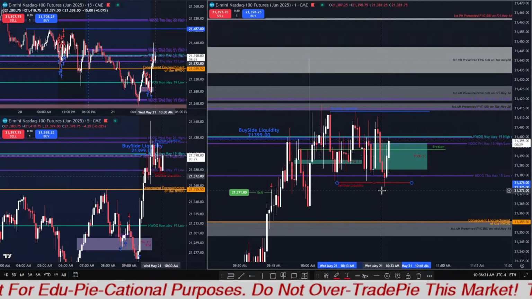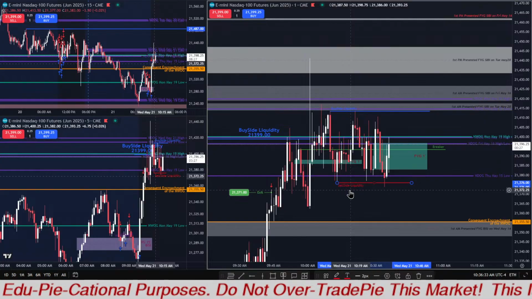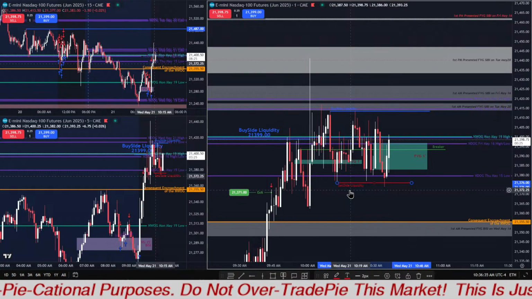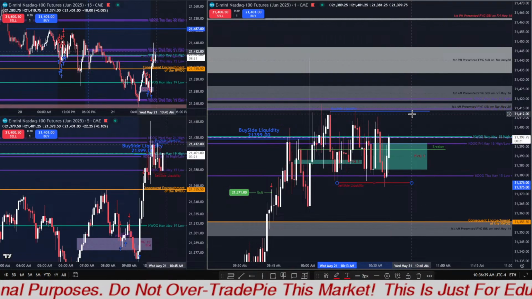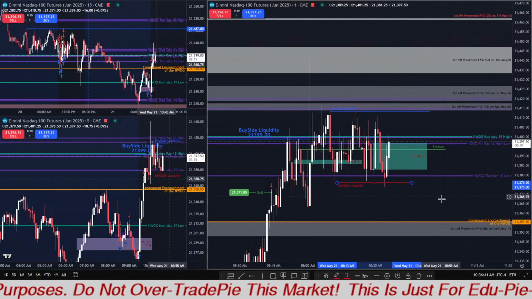You can see after purging this liquidity over here, we started going higher, and now the goal is this buy side liquidity.